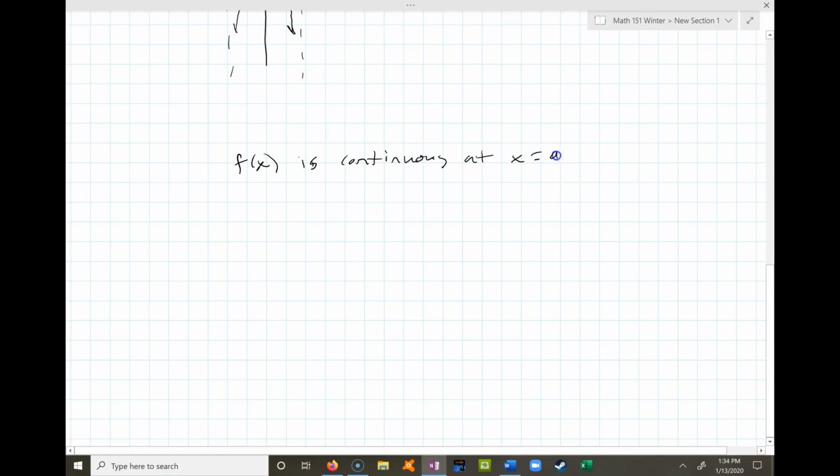At x equals a, f of a exists, which means you can plug in a and get out an answer. The limit as x approaches a of f of x also exists.